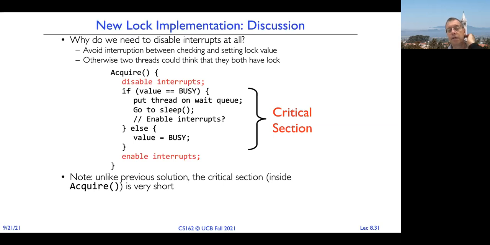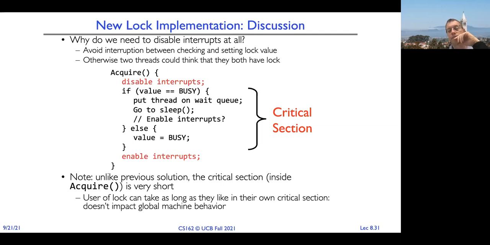Okay. So that's the main difference from using disable interrupts and enable interrupts directly. With this design, the users can take as long as they want in their critical section, right? Because their critical section is not protected by disable or enable interrupts.